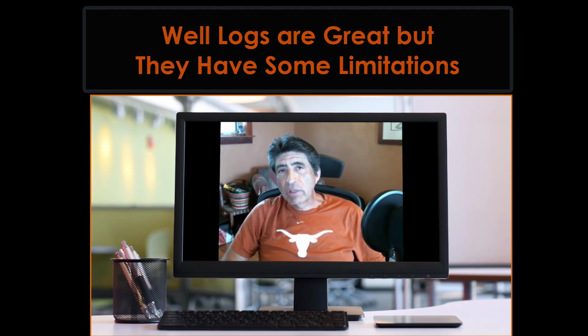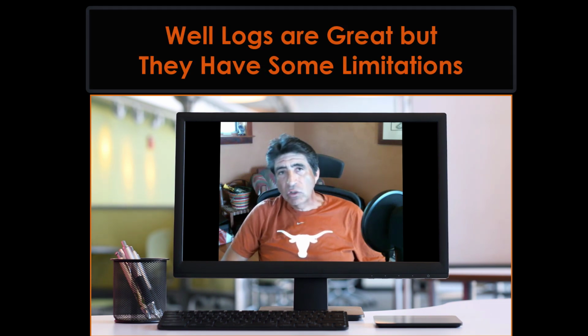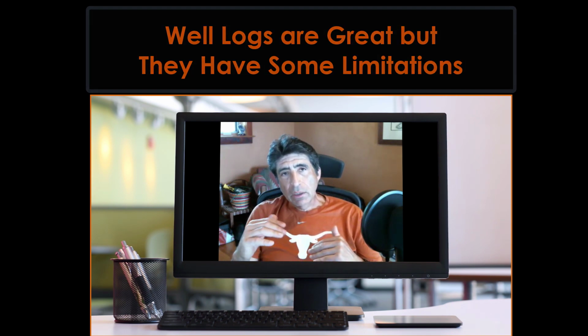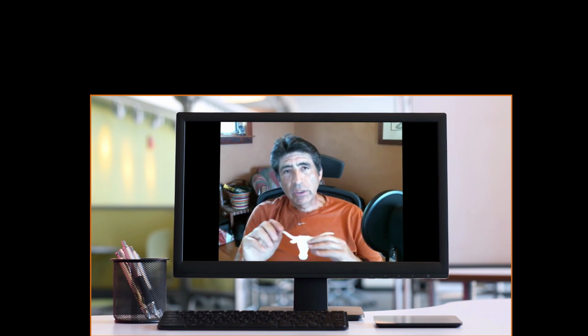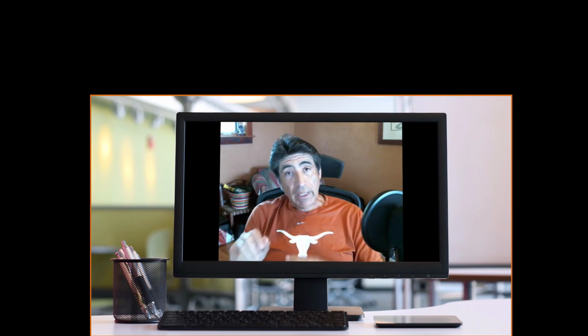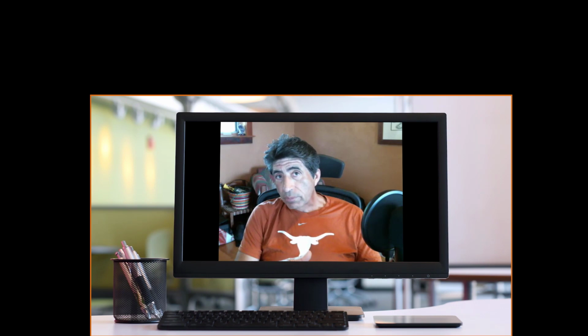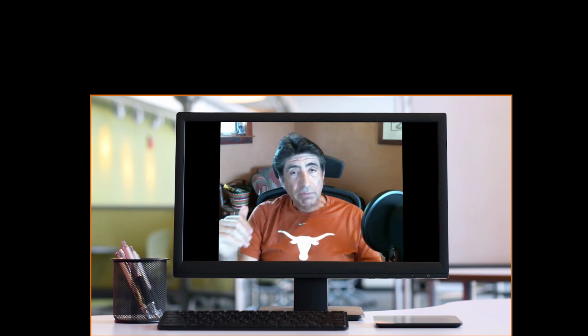They have a lot of very good attributes: they are in situ, they are continuous, but they also have some limitations that we need to take into account when moving toward the interpretation of well logs into petrophysical properties, storage and flow, geomechanical properties, compositional properties, geophysical properties, any physical property that we want to extract from the combination of well logs.